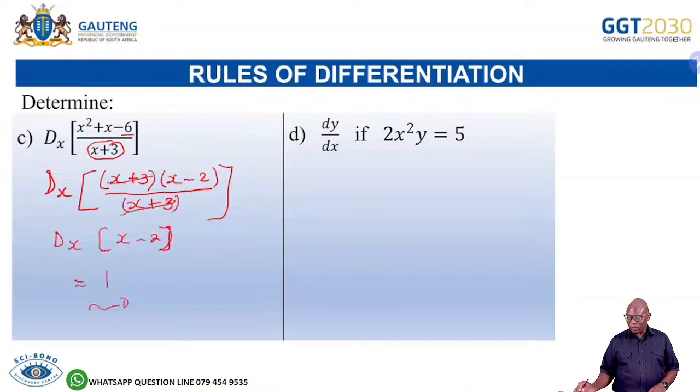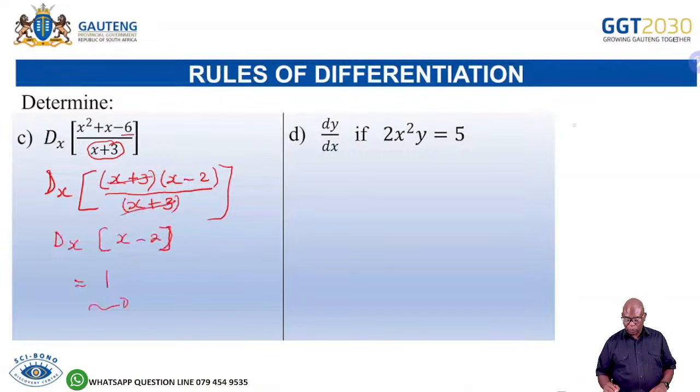Okay, so that one was also very straightforward. But now you must know, when I have a numerator and a denominator, I first see if the top one can be factorized and can cancel out the bottom one. There are questions where you might get something like this.